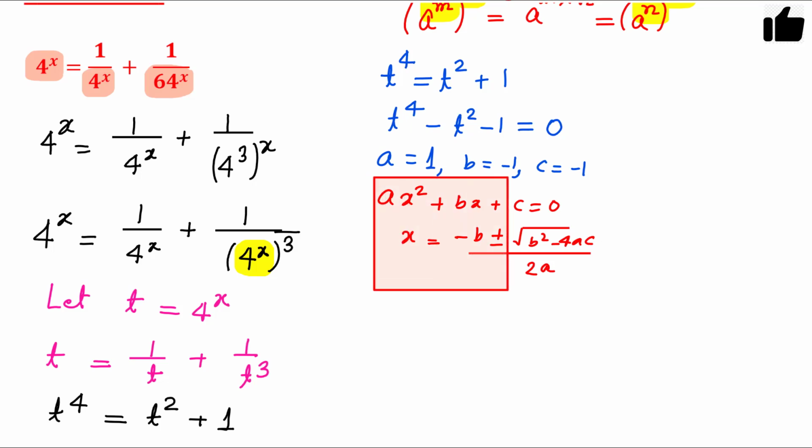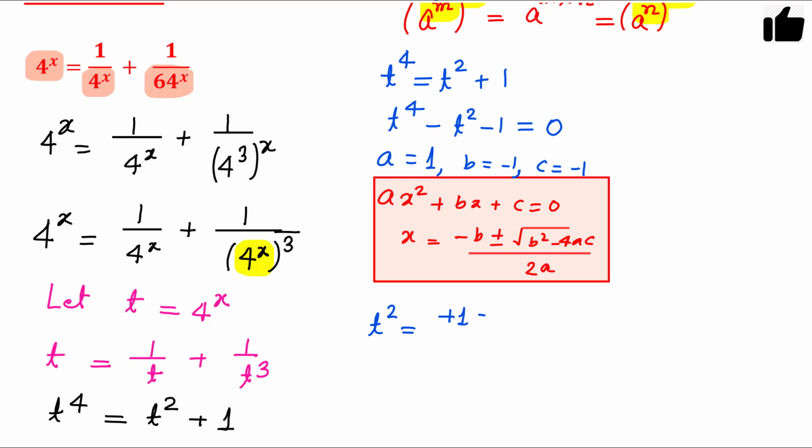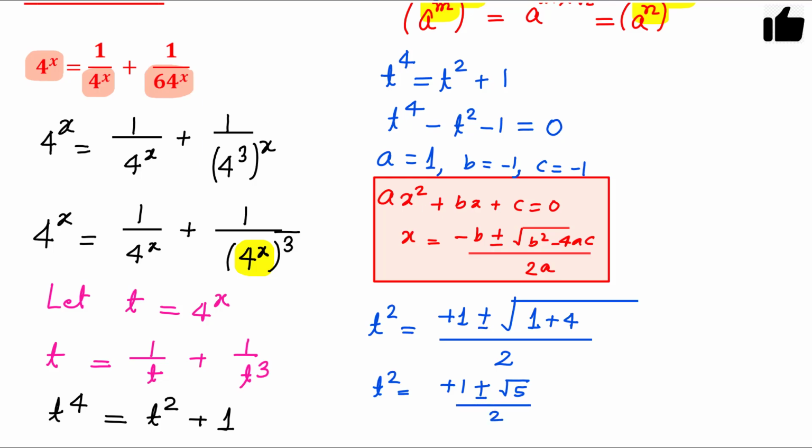So let us use this result and then I can solve for t square. So t square will be minus b, so minus of minus 1, plus minus square root of b square, 1, minus 4ac, so this becomes 4, divided by 2. So t square is 1 plus minus root 5 divided by 2.